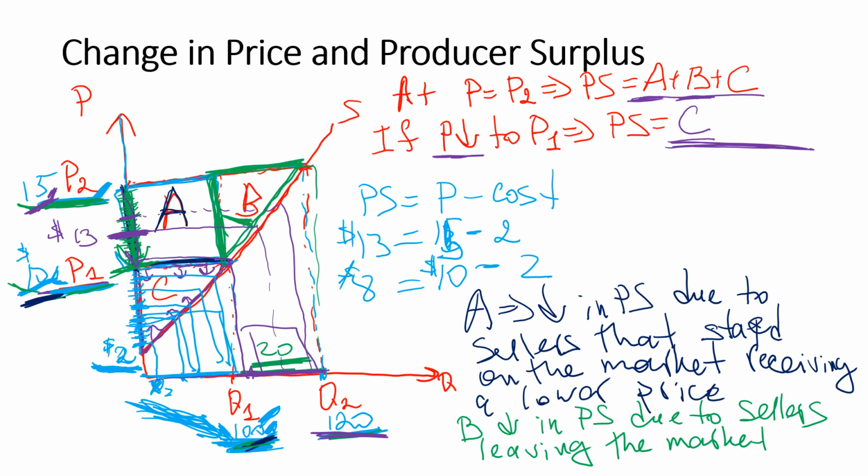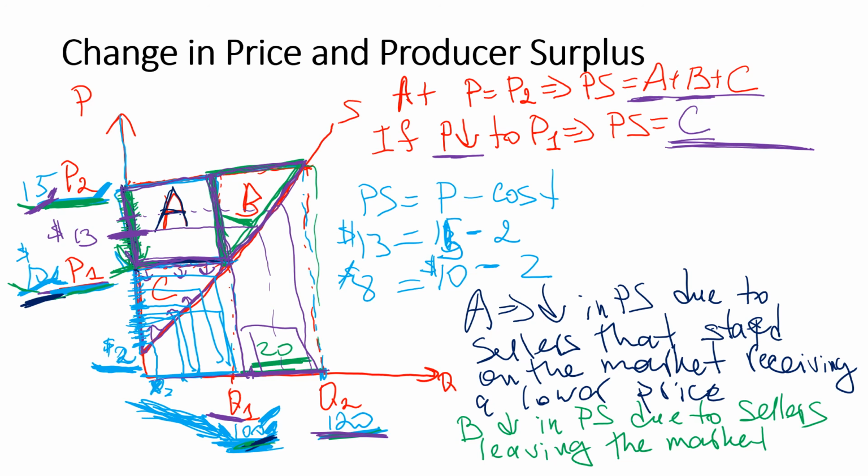Guys, remember, it's all the time going to be like this with consumer and producer surplus. The triangle, gain or loss in this triangle, is either producers or consumers leaving or entering the market. And this kind of squared area over here for producer and consumer surplus is going to be an increase or decrease in producer or consumer surplus due to initial sellers or buyers that were on the market receiving or paying a higher or lower price.